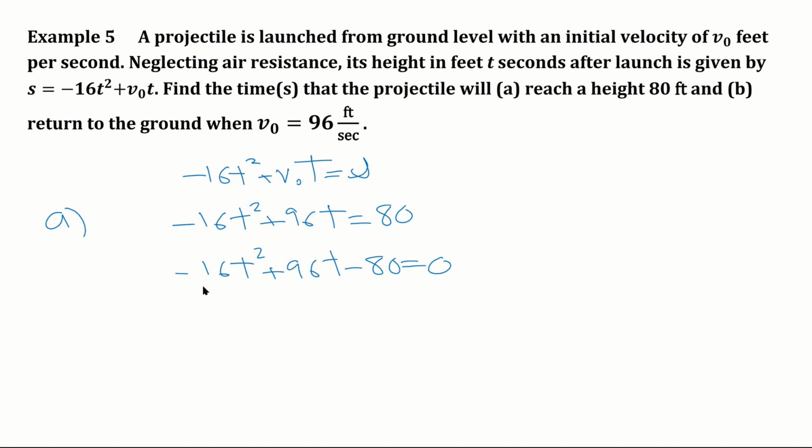All right, so let's go ahead and divide both sides and get rid of the 16, but better yet, we'll divide by negative 16 to make the lead term positive as well. So let's divide both sides by negative 16.